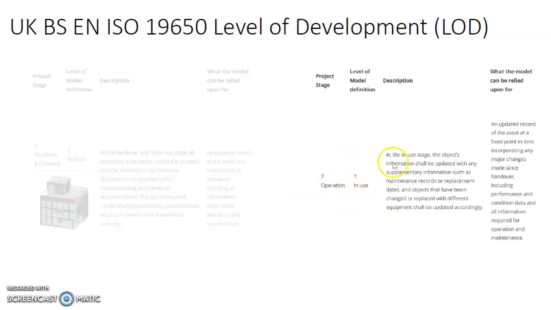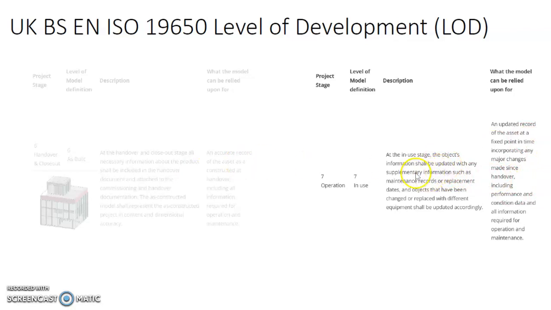So the model, while it is still in operation, at this in use stage, the object information shall be updated because the building will undergo day-to-day replacement, sometimes refurbishment after a certain number of years. So it will be updated whenever there's any change to the building components.